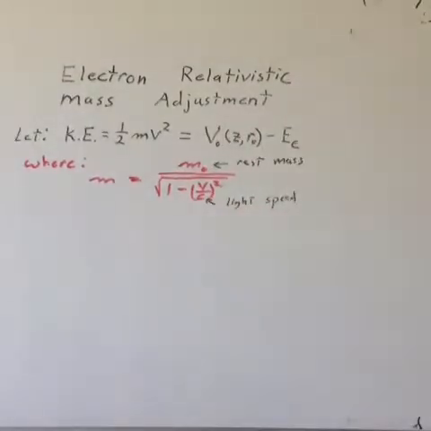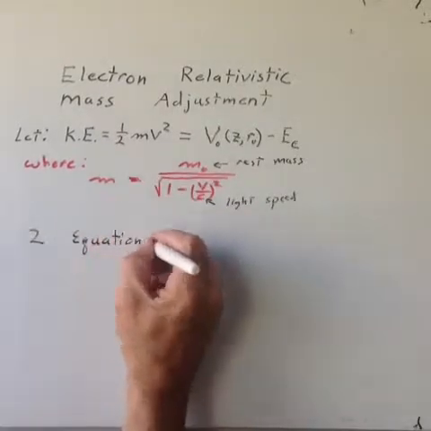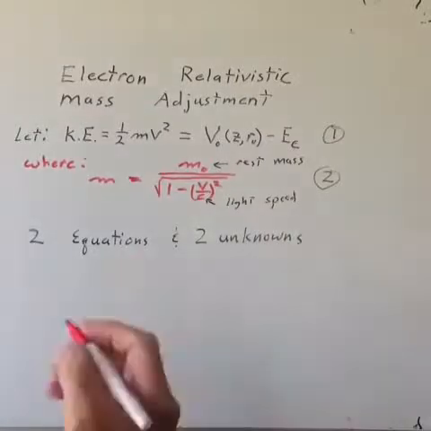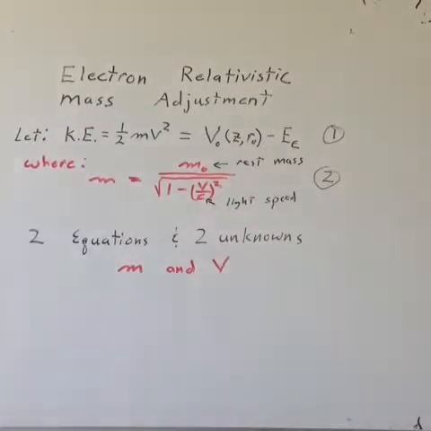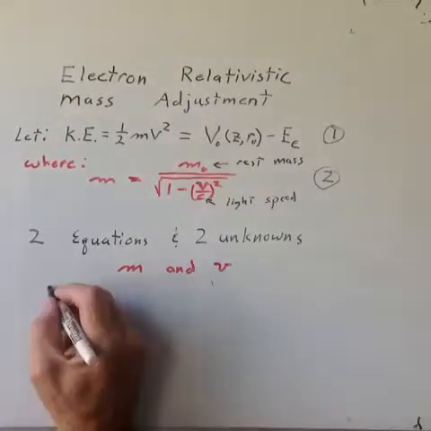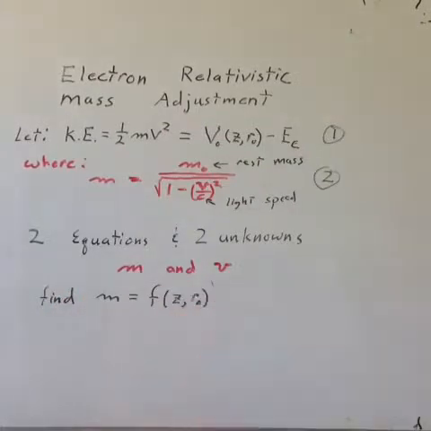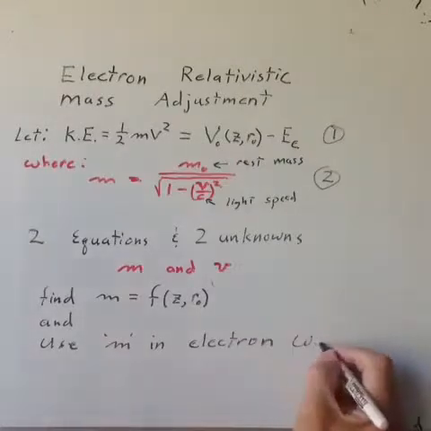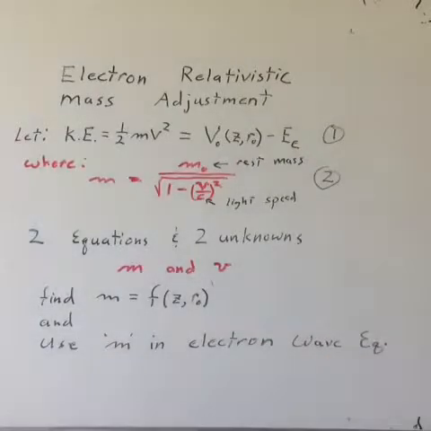Thus, the electron kinetic energy, 1/2 mv squared, is equal to the potential at a given point minus the energy lost, which is the same as the average electron energy E sub E that we will find by solving the electron wave function. The relativistic mass is calculated the normal way with the two equations and unknown mass and velocity.